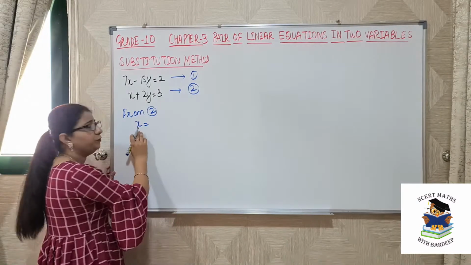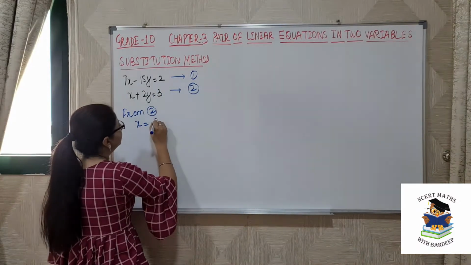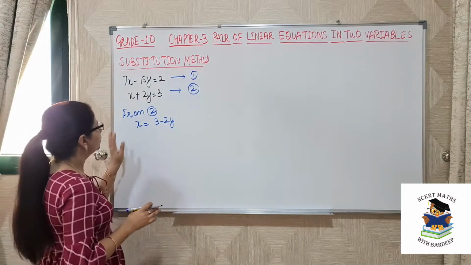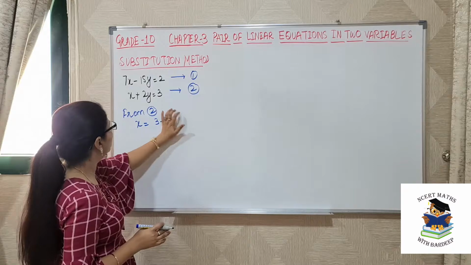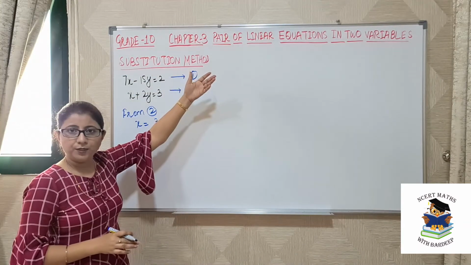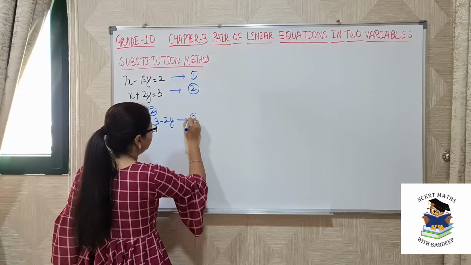From 2, what will be the value of x? I will shift this 2y to other side. So this is 3 minus 2y. So now whatever value I have found from equation 2, put this value in another equation. That means now let this be equation 3.